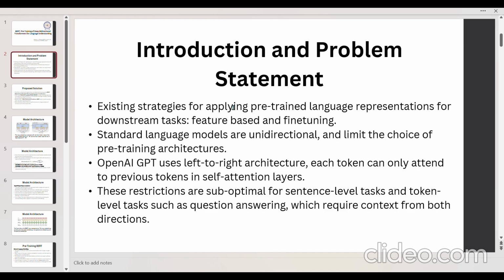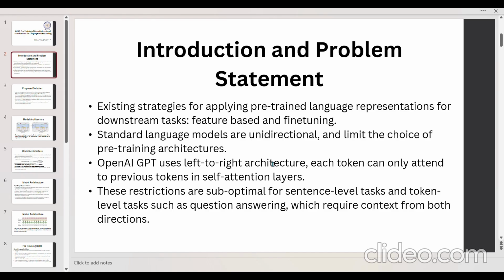So, existing strategies for applying pre-trained language representations to downstream tasks include feature-based prediction and fine-tuning. The existing standard language models are unidirectional, and this limits the choice of pre-training architectures. For example, a left-to-right architecture is used in OpenAI's GPT model.